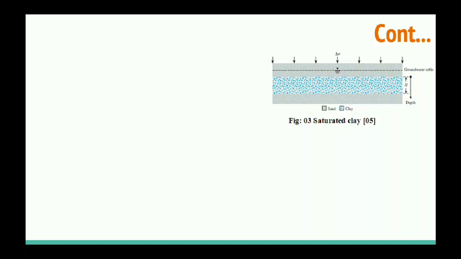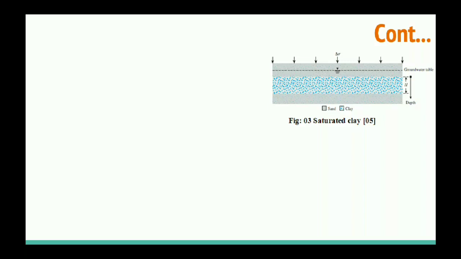So this mechanism, or this mechanics of consolidation, we can understand in the case of saturated clay. So consider a saturated layer of clay of thickness capital H, that is confined between two layers of sand, top and bottom, and a total stress, a delta sigma, is applied on the top of the sand.